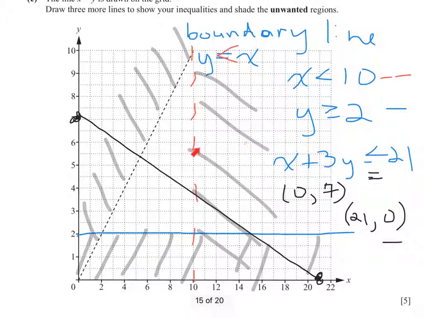How about 8, 6? That's 8 plus 18, 26. It's less than, it's not true. That's where we want to shade, where it's not true.